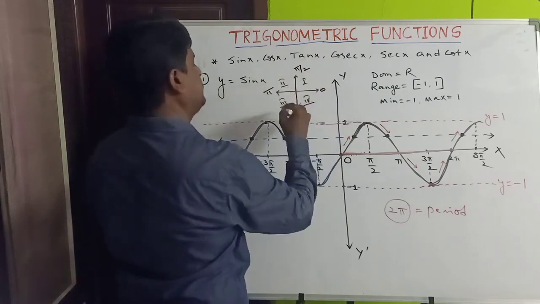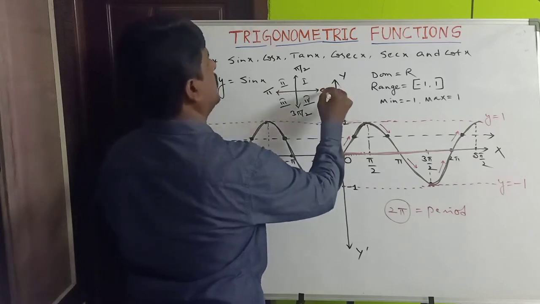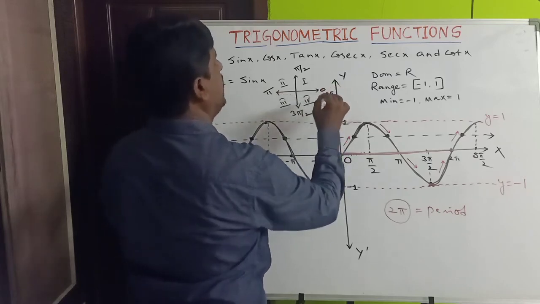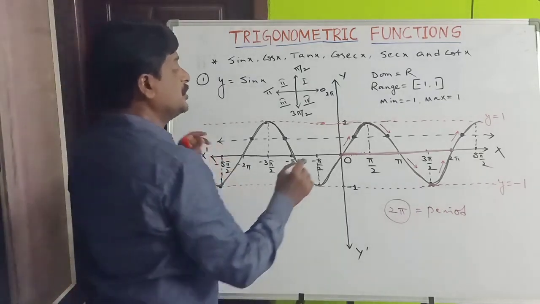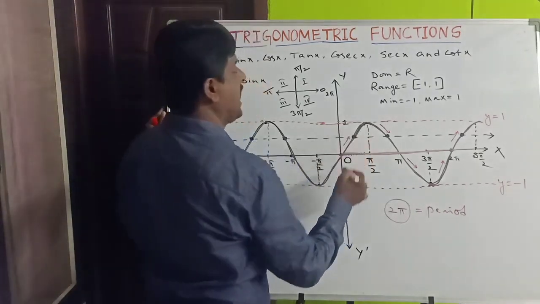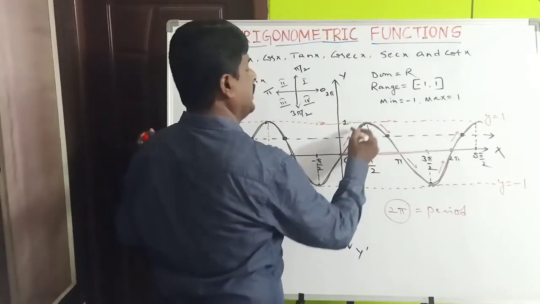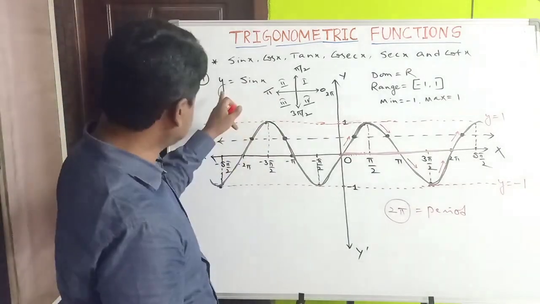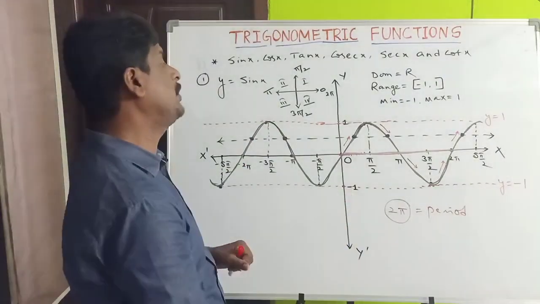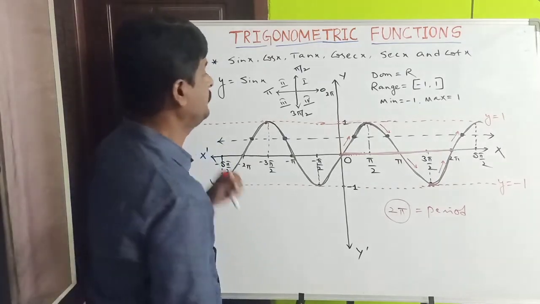Pi by 2 to pi, second quadrant. Pi to 3 pi by 2, third quadrant. 3 pi by 2 to 2 pi, fourth quadrant. Observe that 0 to pi by 2 has a single nature. As x values are increasing, corresponding sin x values, meaning corresponding y values, are also increasing. So in the first quadrant it is an increasing function.